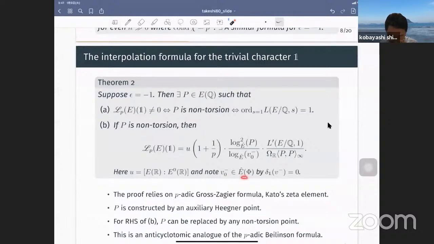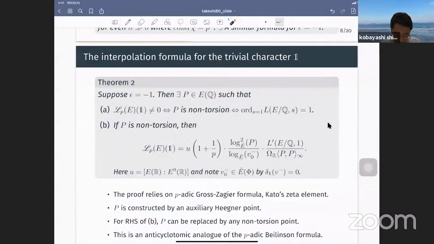So we can consider the log of such a local point. This is a kind of Gross-Zagier formula. Actually, we use the p-adic Gross-Zagier formula at supersingular primes, and also we need Kato's zeta element. So we need a lot of heavy tools.